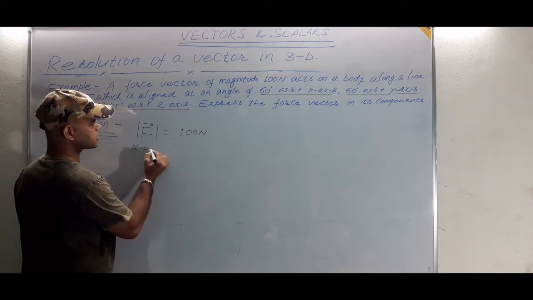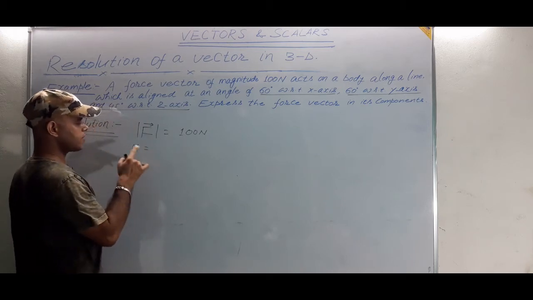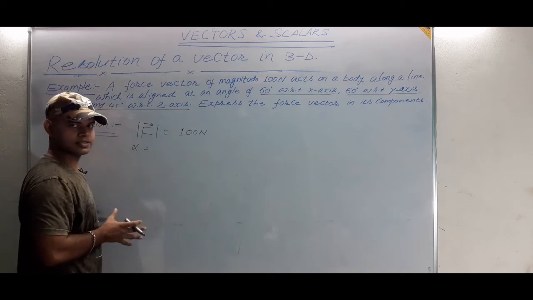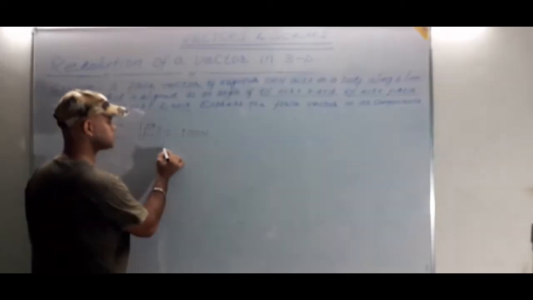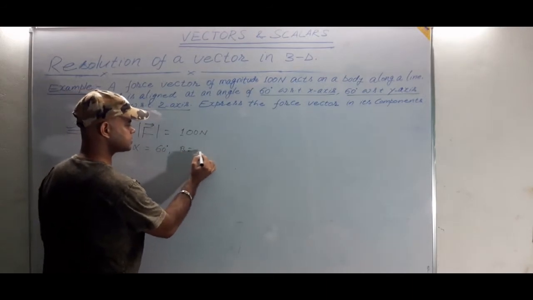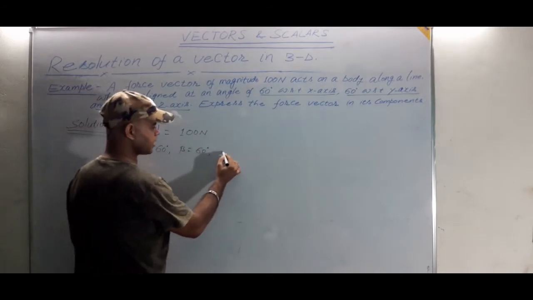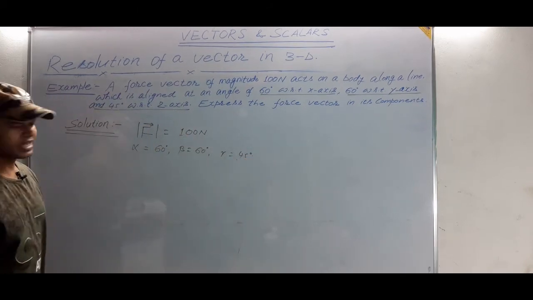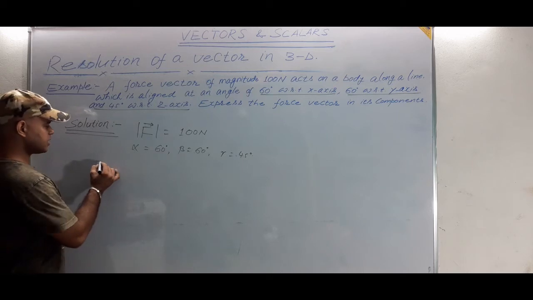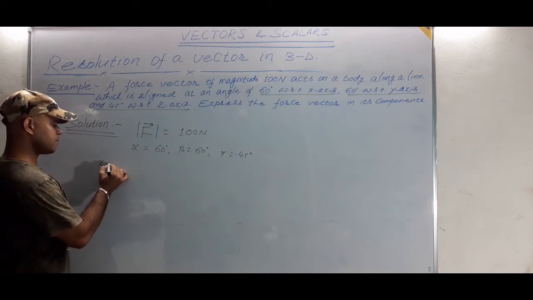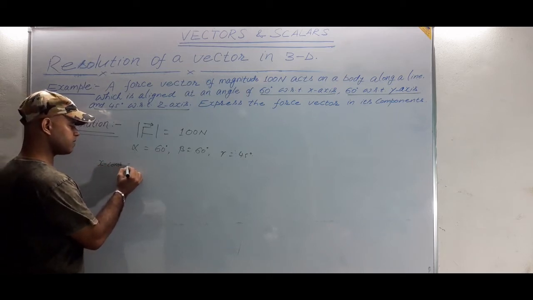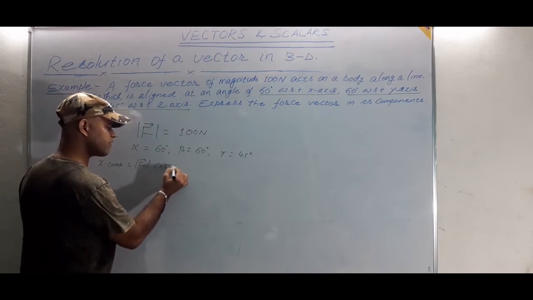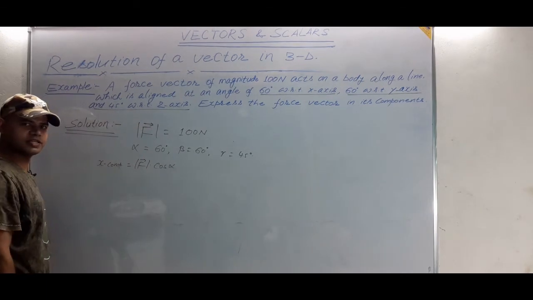Angle with respect to x-axis, so we'll assume alpha, beta and gamma as with respect to x-axis, with respect to y-axis and with respect to z-axis. So alpha is 60 degree, beta is 60 degree and gamma is 45 degree. So now we can calculate the components. The x component will be nothing but magnitude of the vector into cos of alpha, right?